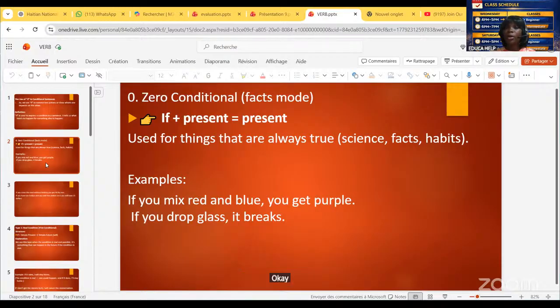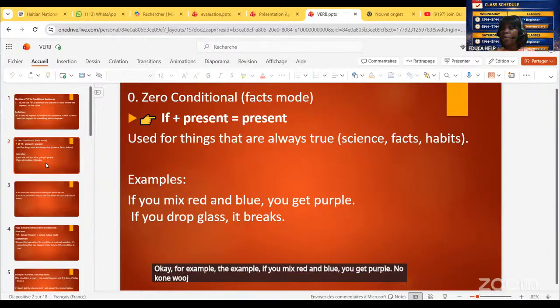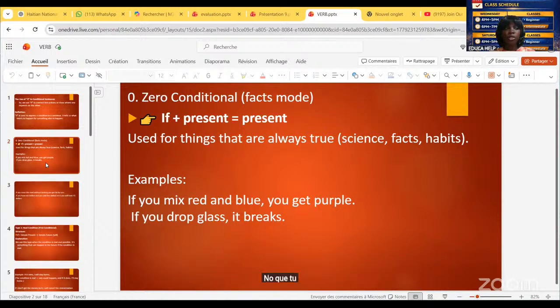Okay, for example, if you mix red and blue, you get purple. We know these colors, and we have three primary colors: red, blue, and yellow. When you mix red with blue, you get a beautiful purple.